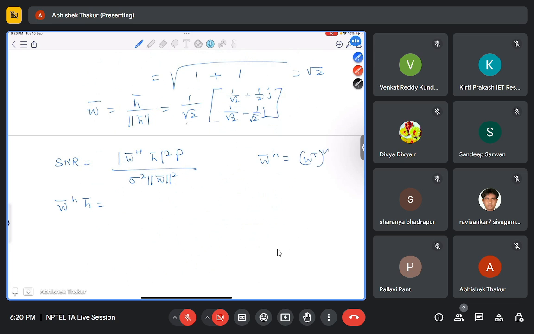W transpose conjugate. So first we will do W transpose, and there is a conjugate symbol. For the conjugate symbol, we change the sign of the complex term. So this will be our W bar Hermitian into the H vector.